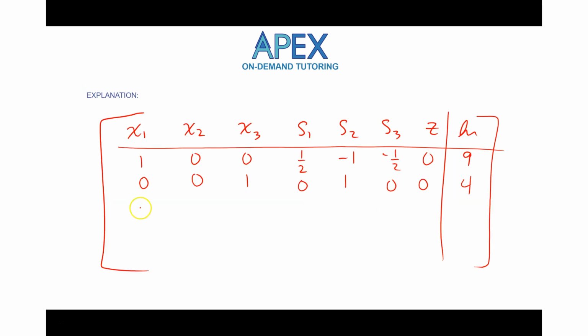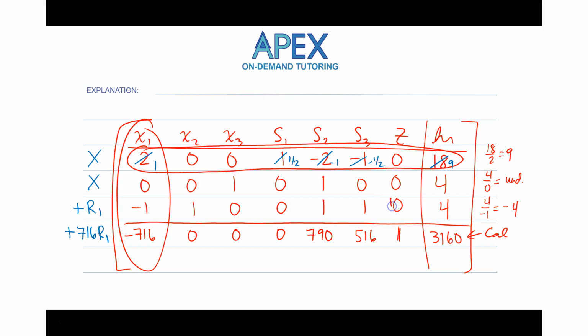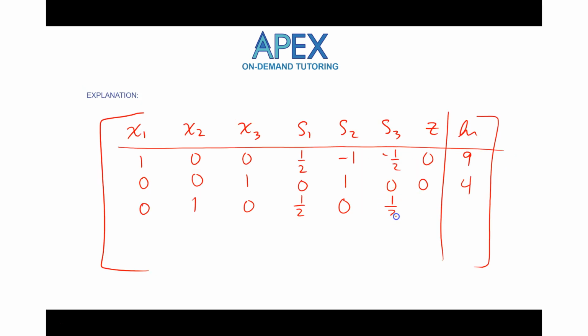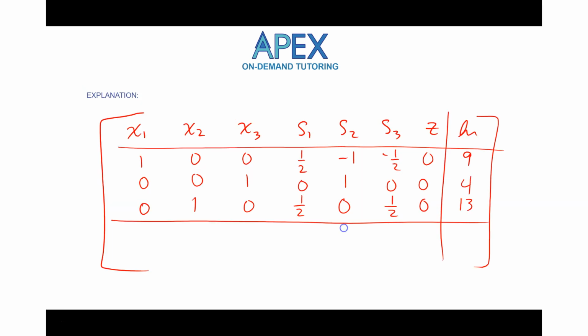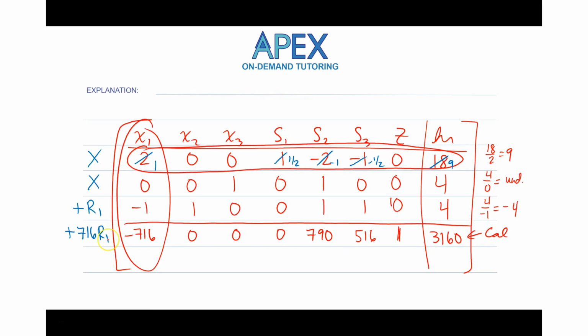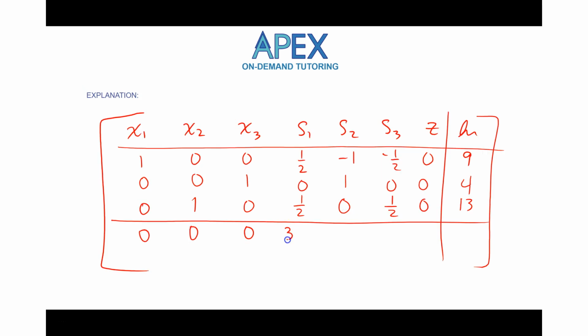I'll just write that out. And then finally, what we're going to do is add in 716 times R1. That will eliminate this one. We're adding 0, we're adding 0. We're going to have to do 716 times a half, which is 358. And positive numbers are fine.